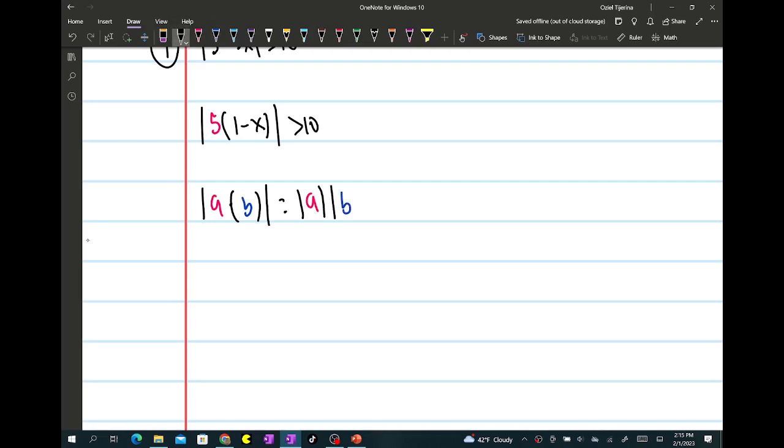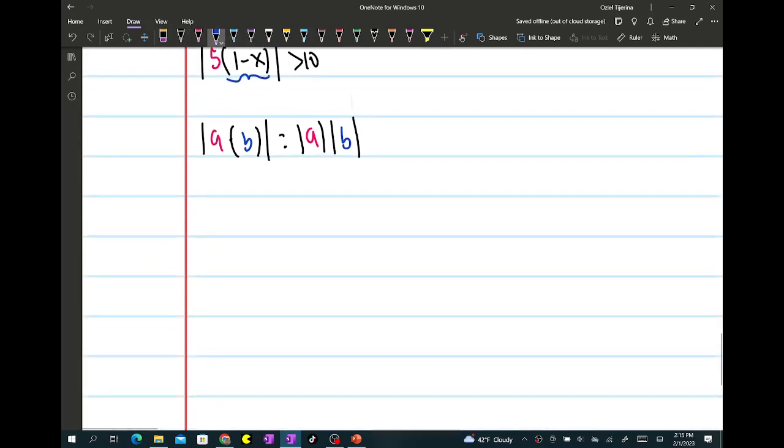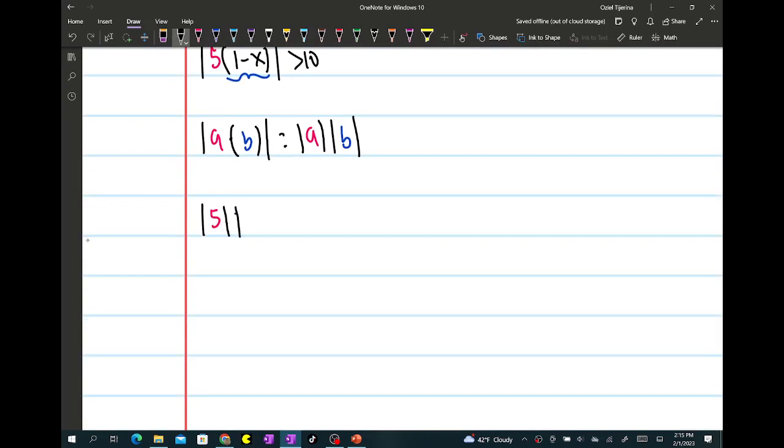If I make this b, I'm going to have the absolute value of 5 times the absolute value of 1 minus x is greater than 10.